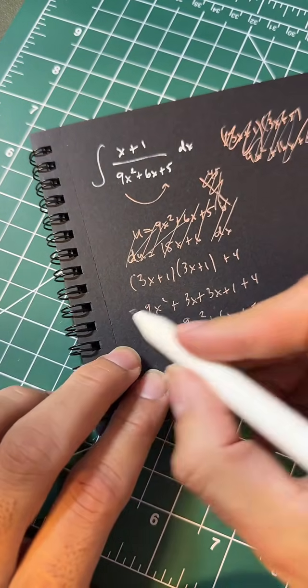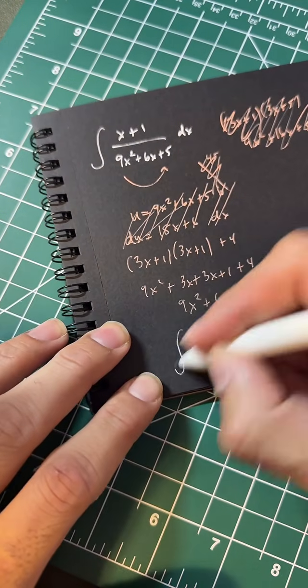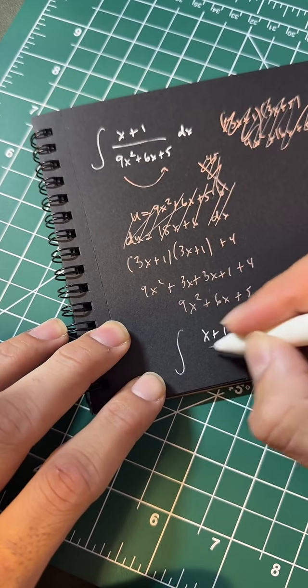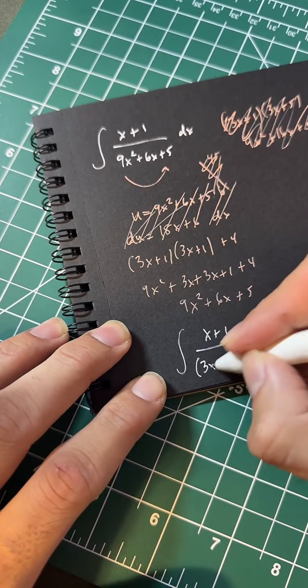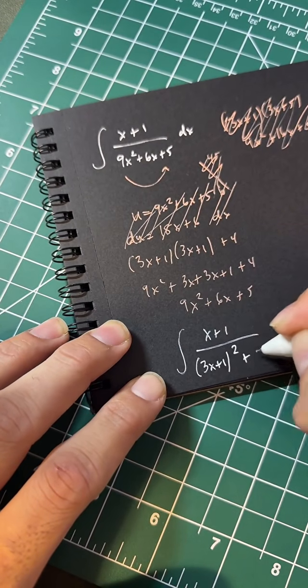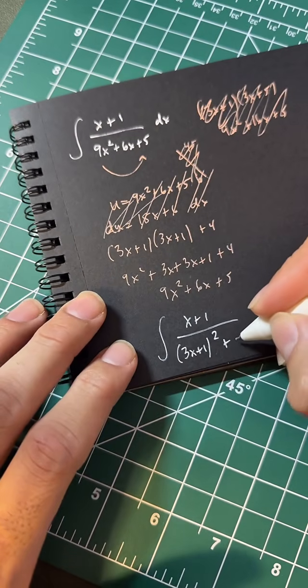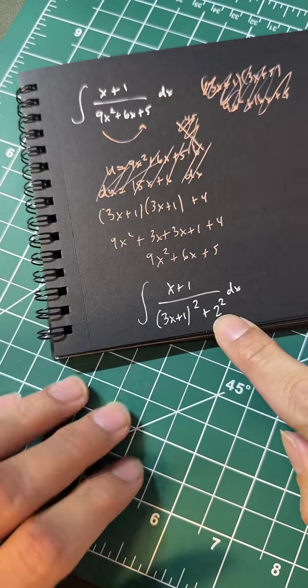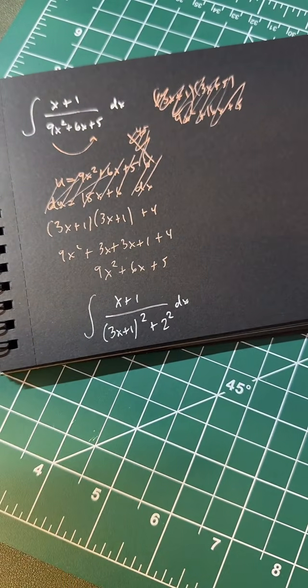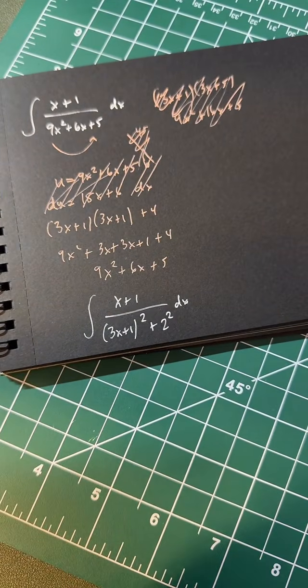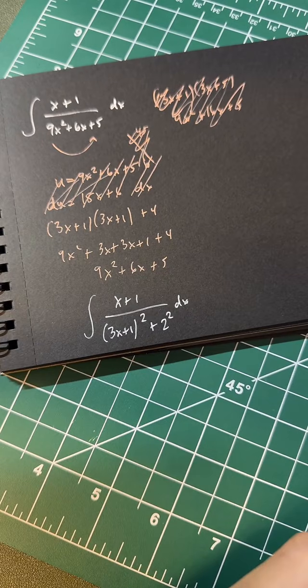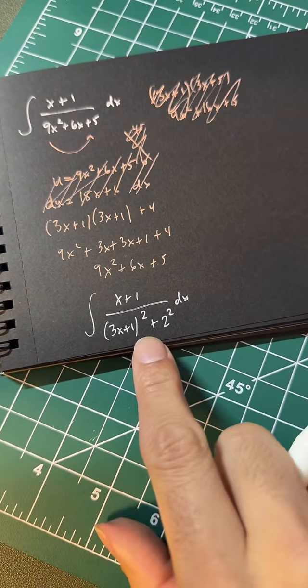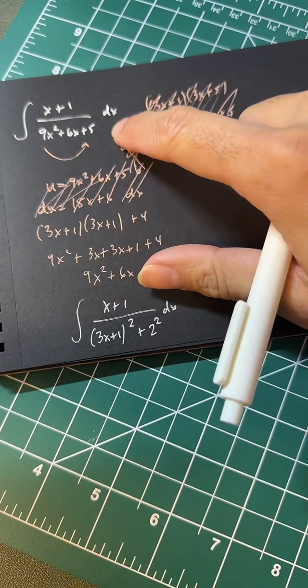Okay. Notice that it's 3x plus 1 times 3x plus 1. In other words, this is x plus 1 over 3x plus 1 squared plus 4. Technically, it is 4, but I'm going to write it as 2 squared. Now, the reason why I'm doing this is because I'm already setting myself up to use trig substitution. And the way trig substitution works is on the bottom, first of all, you can't factor it out.